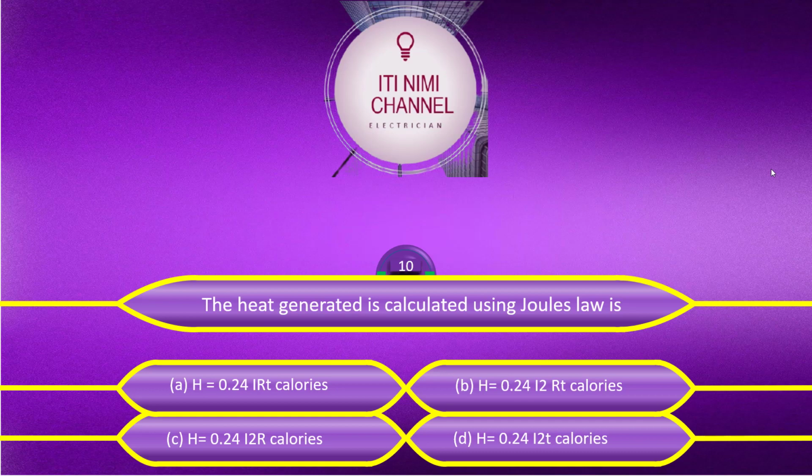The heat generated is calculated using Joule's law is H equals 0.24 IRT, H equals 0.24 I square RT, H equals 0.24 I square R, H equals 0.24 I square T. The answer is H equals 0.24 I square RT.